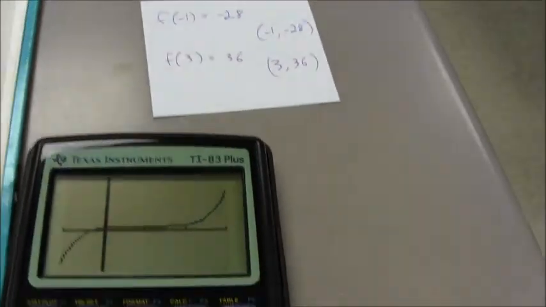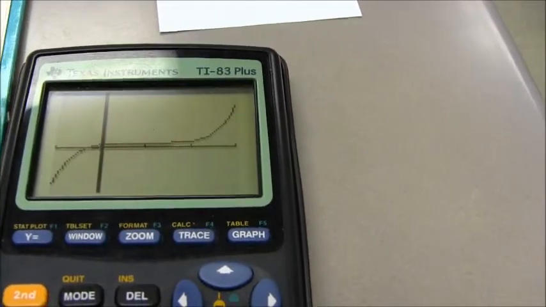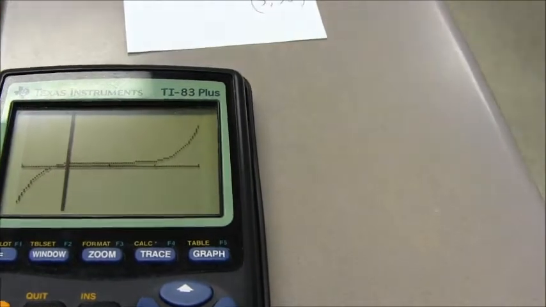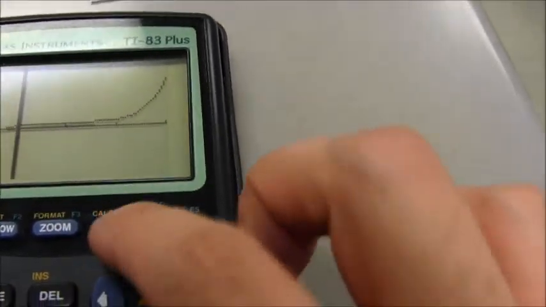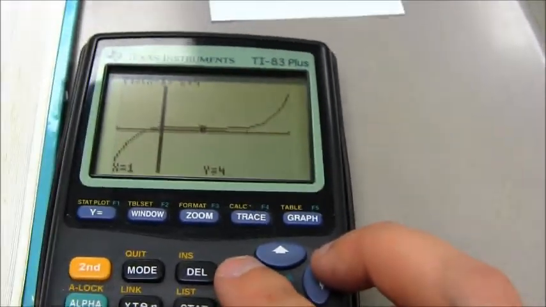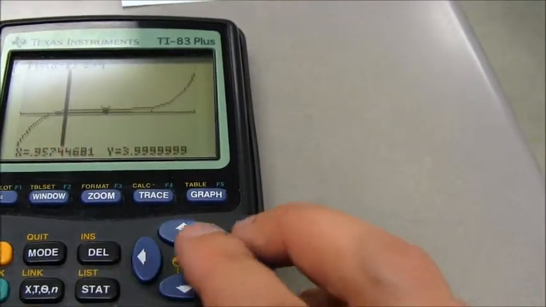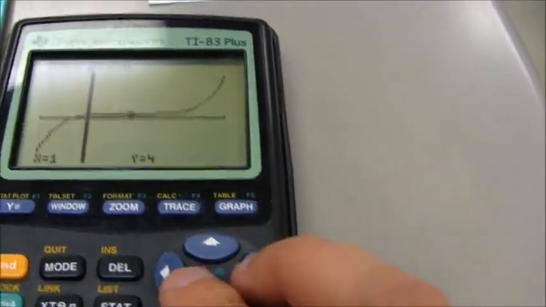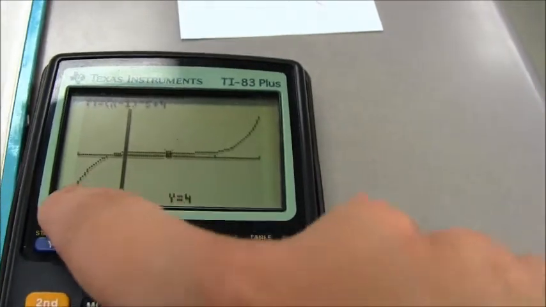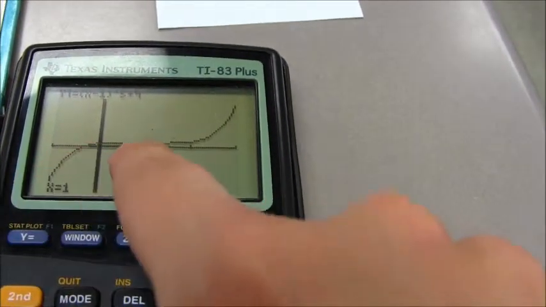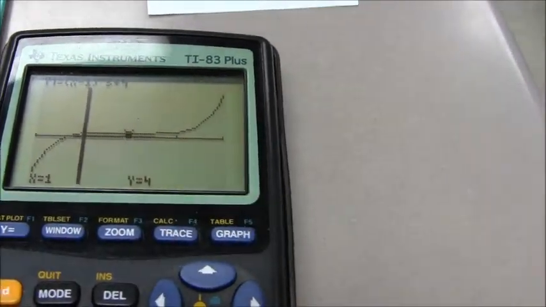Coming back here, it asked me to trace along here and estimate maximum and minimum values, that type of thing. Actually, the only thing you notice here is that as I come along here, the graph is going up, levels out, and then continues up again.